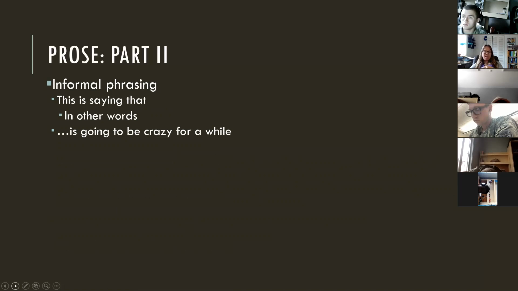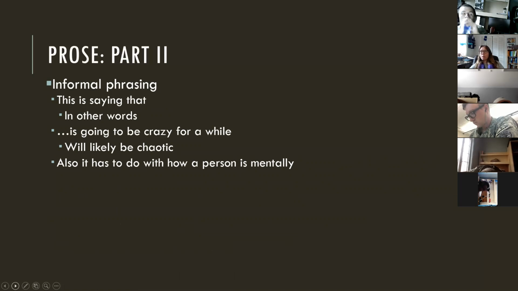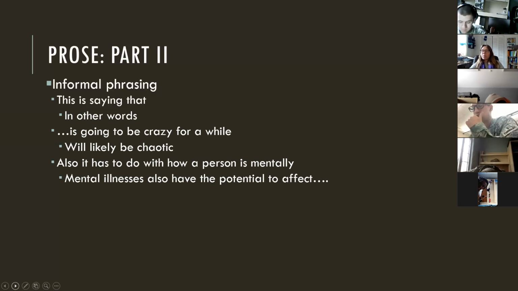Don't say that. You can say, this will likely be chaotic. Also, "it has to do with how a person is mentally." I feel like we can say that more eloquently. Mental illnesses have the potential to affect, whatever.